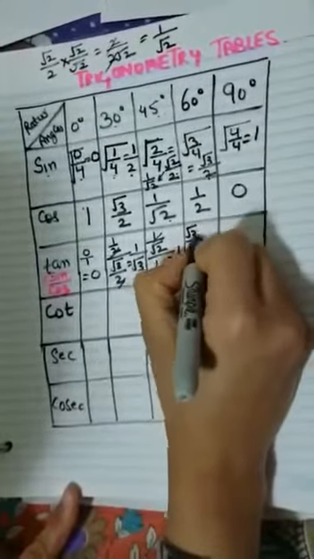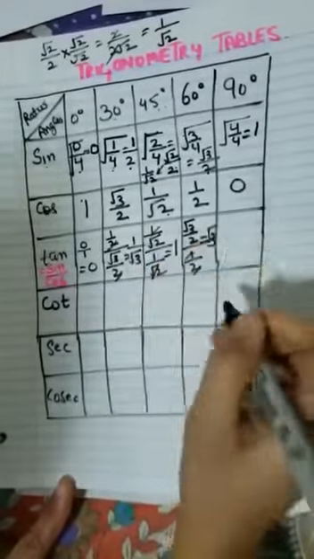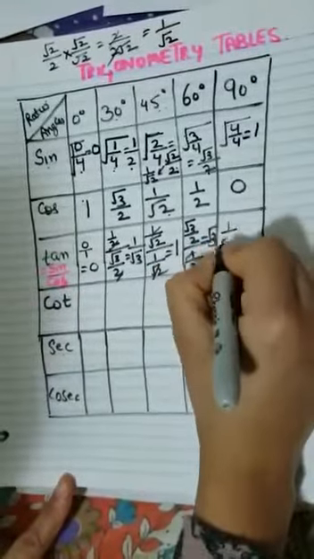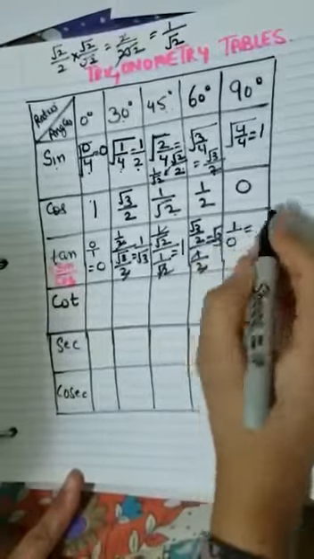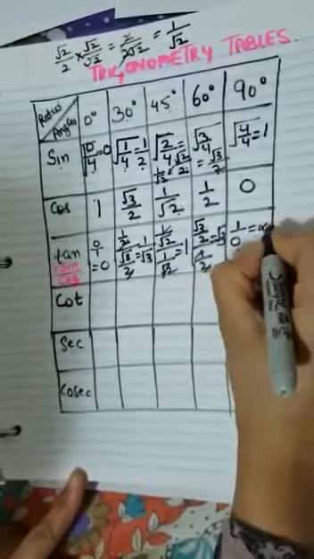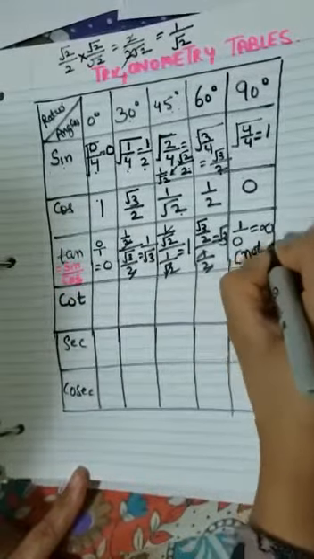Under root 3 by 2 divided by 1 by 2 is equal to under root 3. 1 over 0 cannot be defined, that is infinity. We can also write it as not defined.